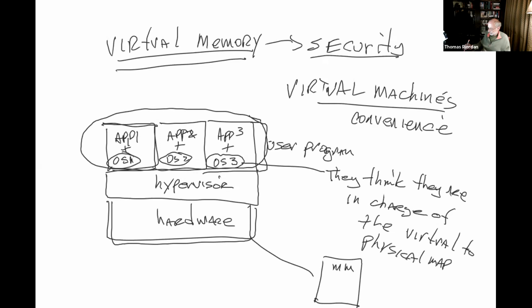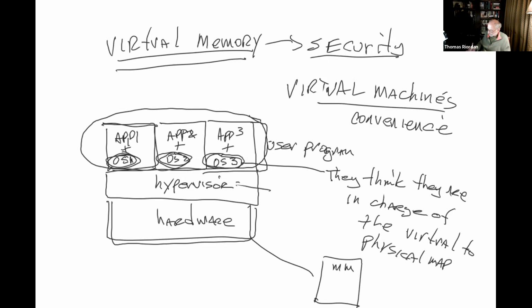we have to relieve them of that view, because they would be mapping everything all on top of each other, right? If there was only one OS on top of the hypervisor, you could imagine that he would be doing things consistently. But we have 3 different applications and 3 different operating systems all running up here on top of this hypervisor.